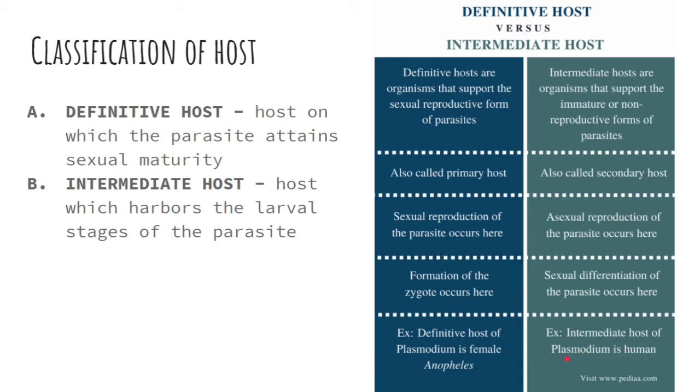Please do take note po ha, magkaiba po ang definitive host at intermediate host ng ating Plasmodium. Ang definitive host niya po kung saan na-attain ang sexual maturity ni Plasmodium, nangyayari po yan sa loob ng female Anopheles mosquito. While the intermediate host of the Plasmodium is the humans. So that is the difference between the definitive and the intermediate host.